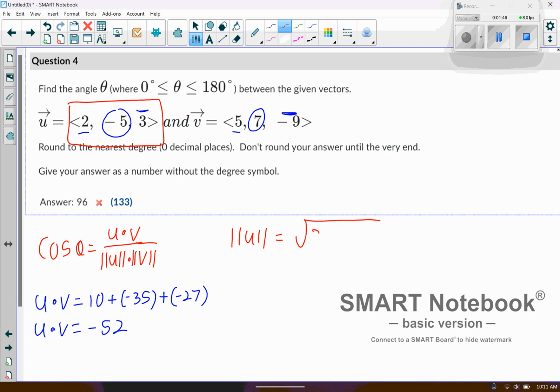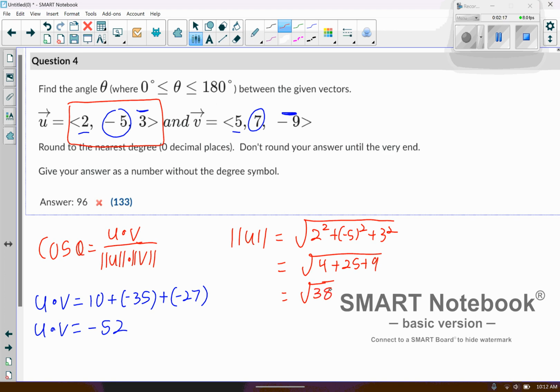I'd have 2 squared plus negative 5 squared plus 3 squared, because I'm just multiplying 2 times 2, negative 5 times negative 5, and so on. Let's clean this up: the square root of 4 plus 25 plus 9, which gives us the square root of 38.